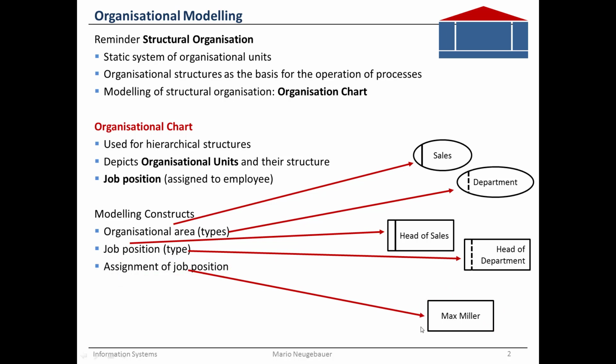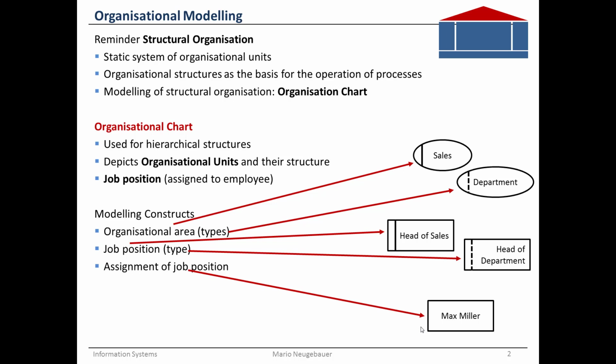This means that you have this particular person who is responsible for executing this position, for executing their responsibilities in the job position. And with these modeling constructs, you can now set up an organization chart, and you could model the entire organization regarding their structural organization.